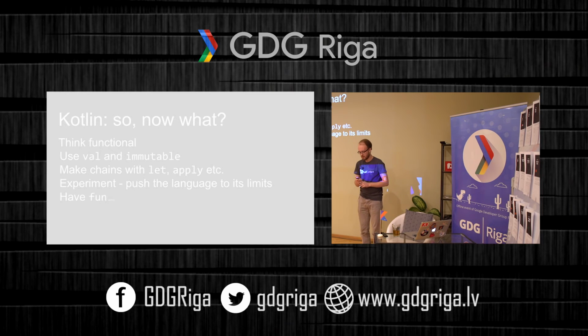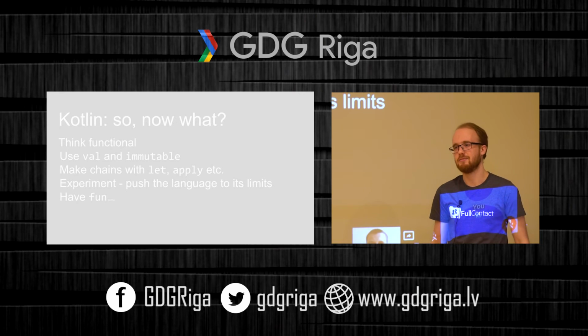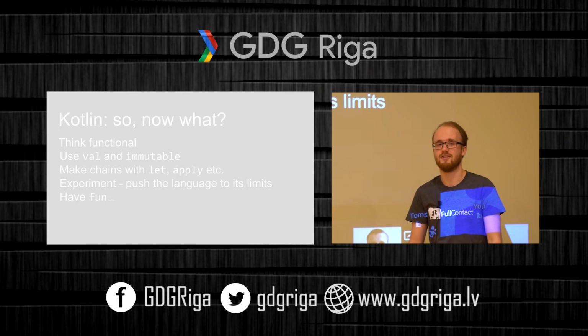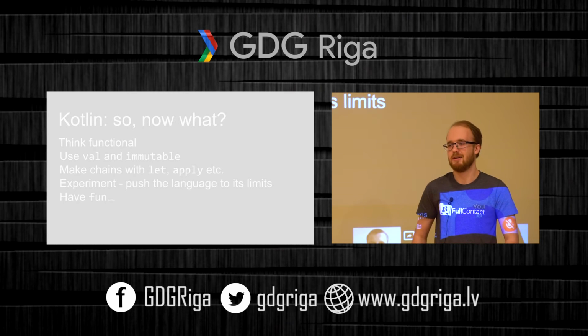In general, once you have migrated, just continue experimenting. Just think functional, because you kind of start using Kotlin for the null safety, but suddenly you write functional programming code. It just sneaks up on you.